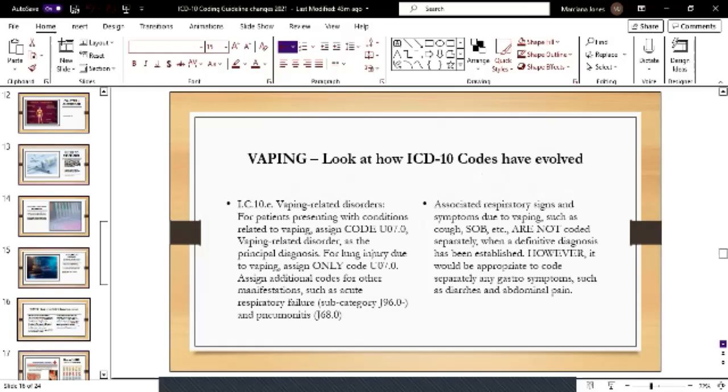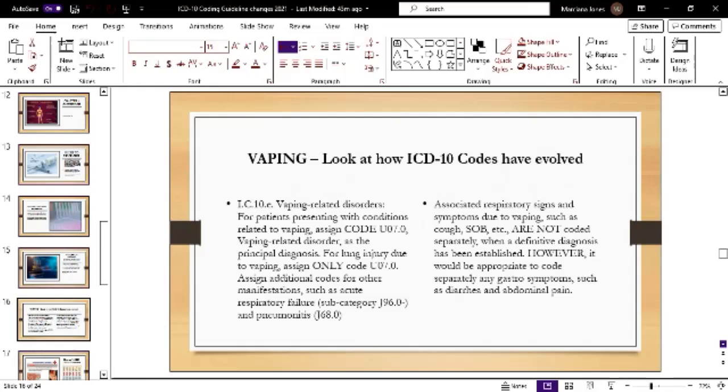Vaping. So look how ICD-10 codes have evolved, and that's why the books come out every year with new codes, deleted codes, revised codes, new guidelines, added guidelines, revised guidelines. So vaping, I have books here from probably starting around 2008 or something. I just wanted to look and see, and I couldn't find anything in those books about vaping.